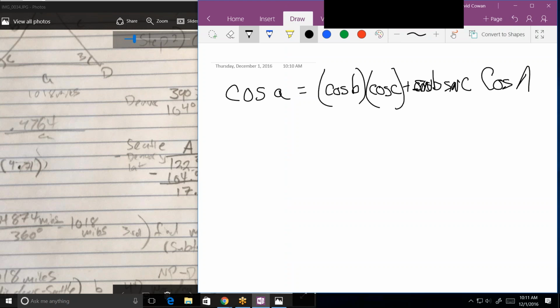Let's see if I can figure out how that is. Because here's what the law of cosines would say. A squared equals B squared plus C squared minus 2B times C cosine of A. Notice how similar those are.